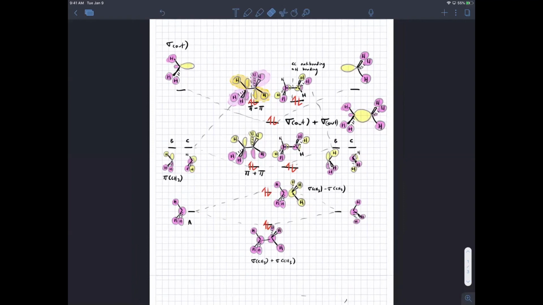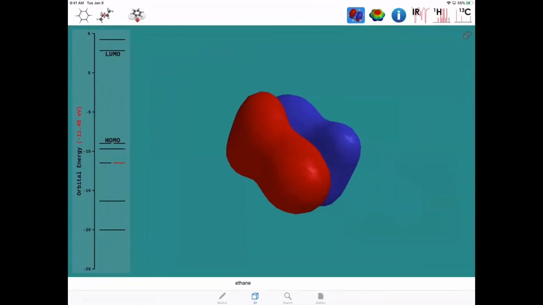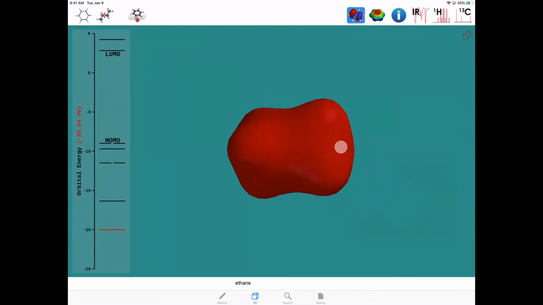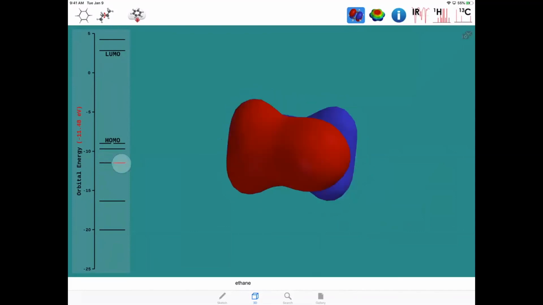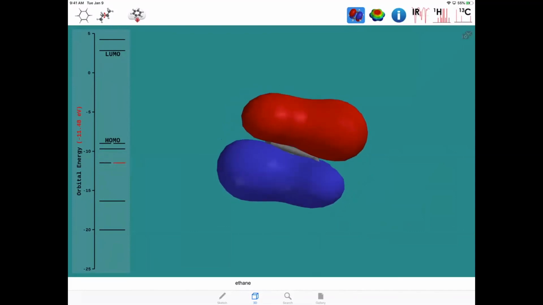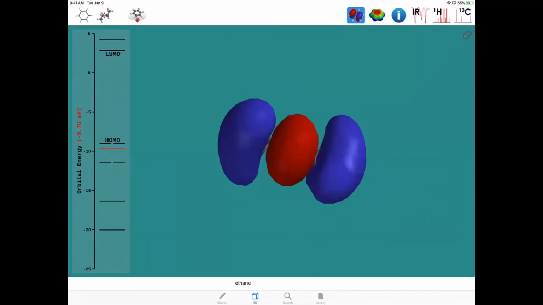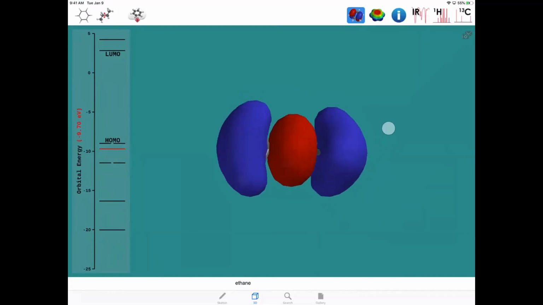Should we go to Spartan and confirm that we've got this right? So that's the sigma plus sigma, sigma minus sigma, pi plus pi, another pi plus pi. This is the sigma out plus sigma out.